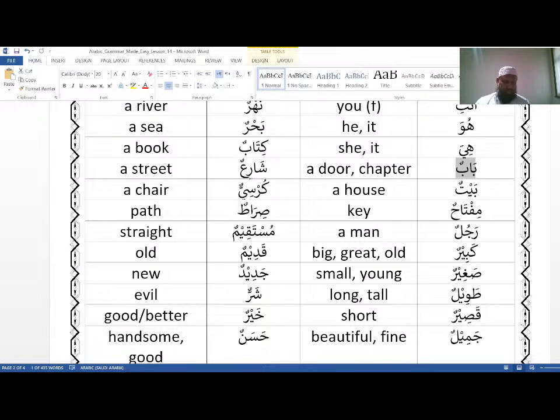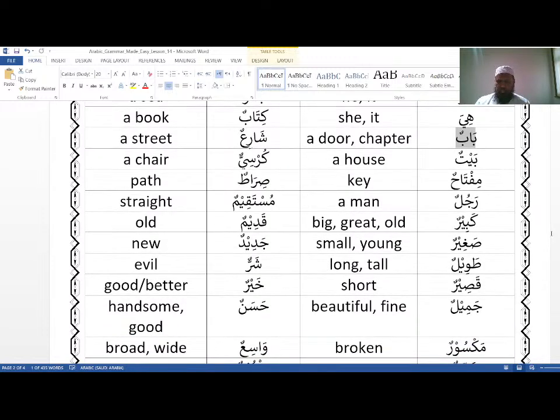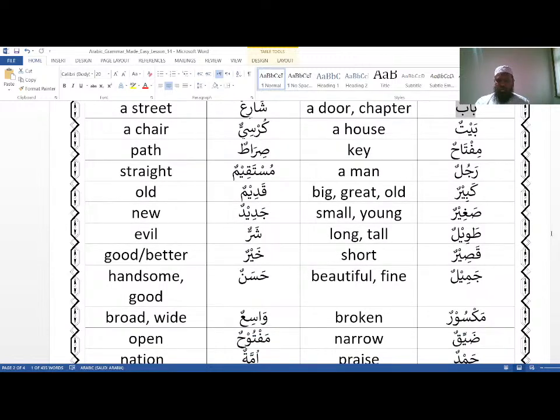For example, if someone said, I finished my work, you say fine. You can use jamil as well. Maksurun, broken. Describing ism, yes, we can make it into muannas, maksuratun. Dayiqun, narrow. Describing ism. Muannas will be dayiqatun.